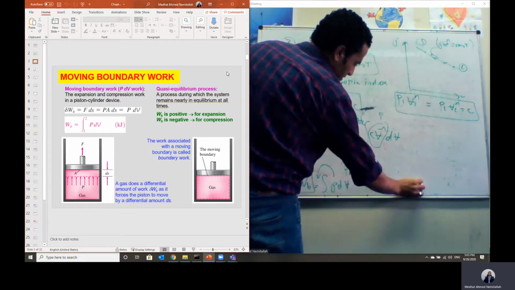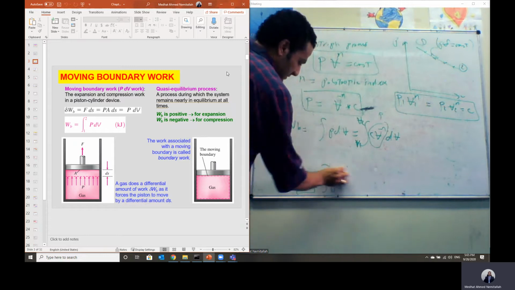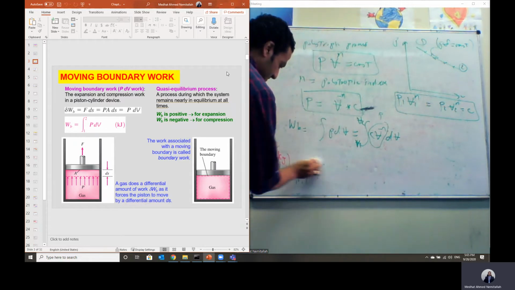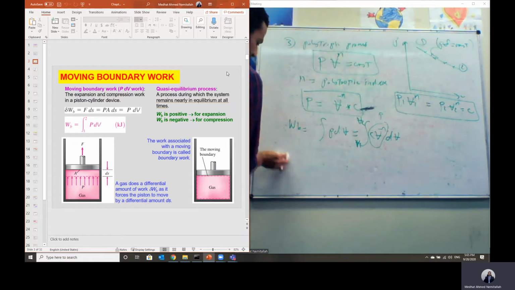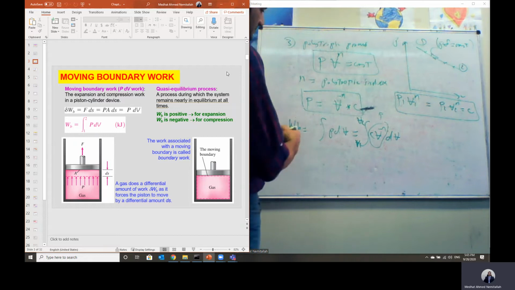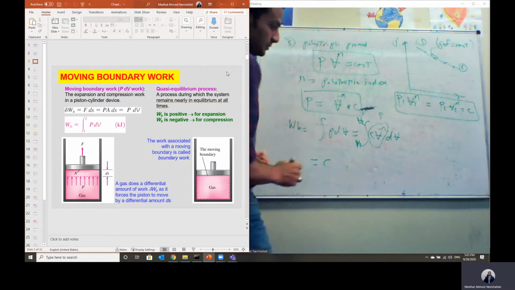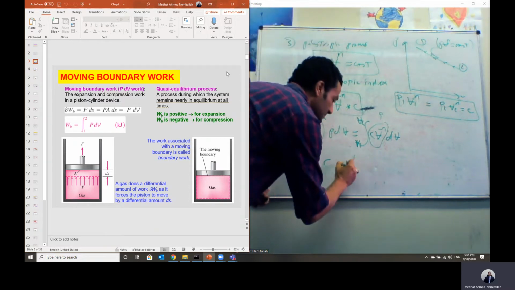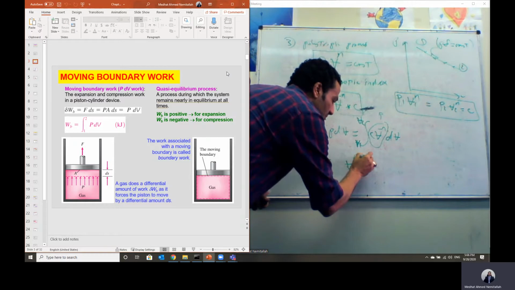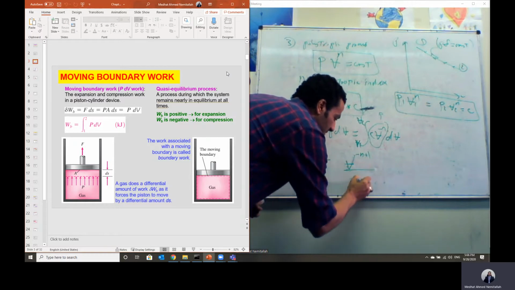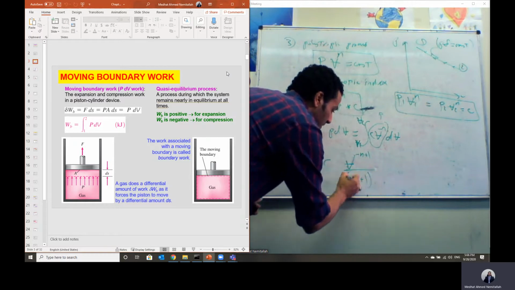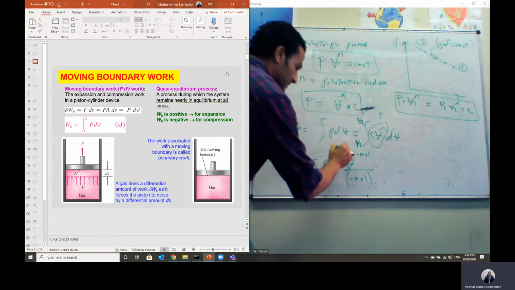Then it will be the integration. The constant we can take outside. And the integration of V to the power minus n dV will be V to the power minus n plus 1 divided by minus n plus 1.